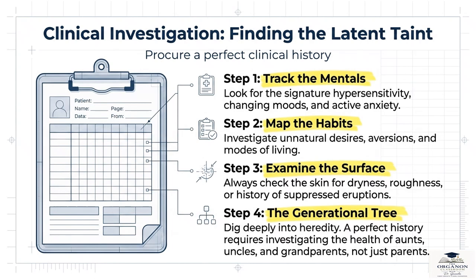Examine the surface. Check for the dryness, roughness, history of suppressed eruptions. Last but not the least, the generational tree. ठीक है, perfect family history. Even if required, ask till up the uncles and the aunts. All right.